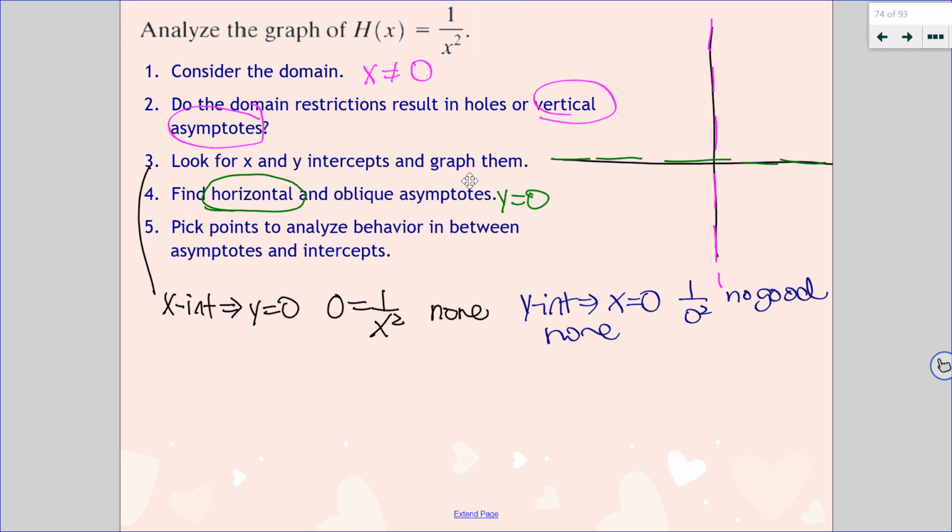Okay, pick points to analyze behavior in between the asymptotes and intercepts. So I'm going to have to pick some points. So x and y, let's pick some negative numbers. If x is -2, what is y? 1/4. -1, what is y?